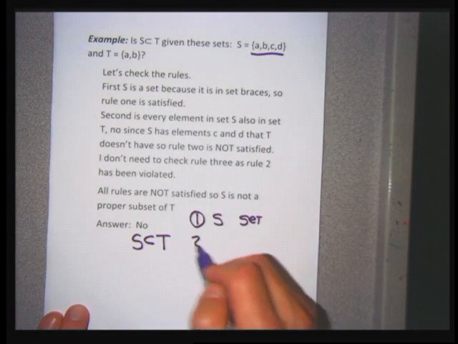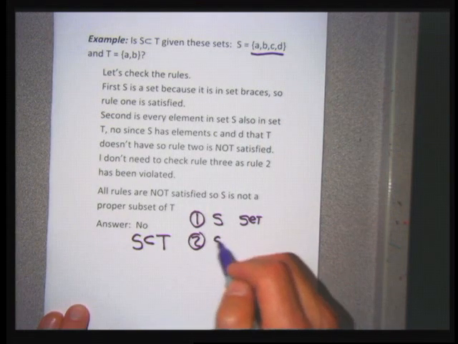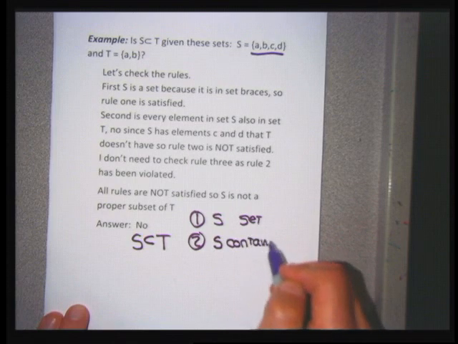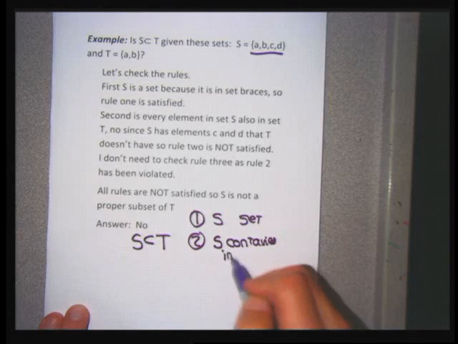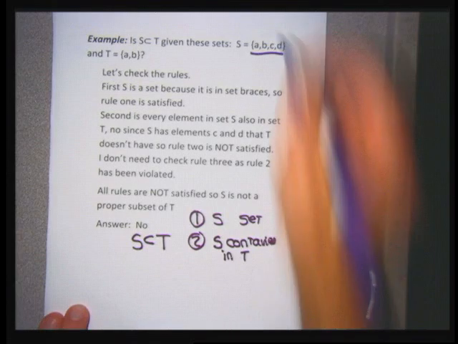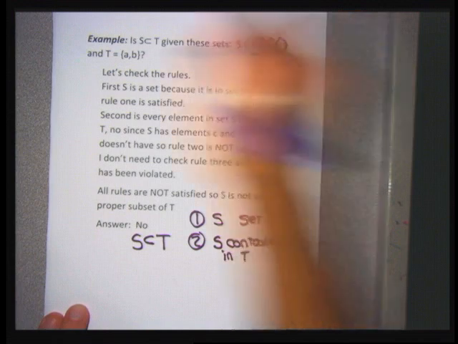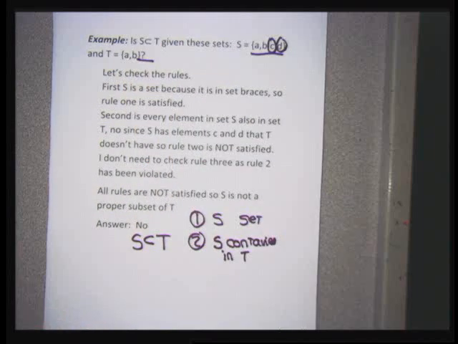The second rule to be a proper subset is S has to be contained in T. And this is where it breaks down. Because S has the letters C and D that aren't in set T. So S is not contained in T, so it would be wrong.